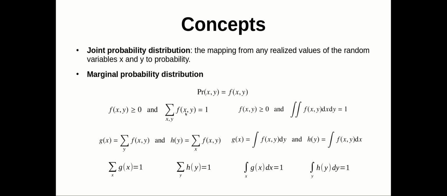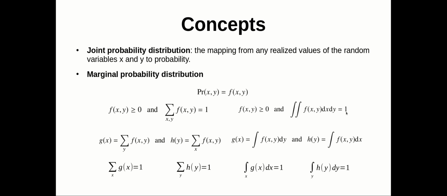But here, because we have two random variables, x and y, we have to do a double summation over all the possible values of x and y, and this double summation should equal 1. This is for the discrete sample space. If it's a continuous sample space, we have to do a double integral over both x and y, and this double integral is supposed to be 1.